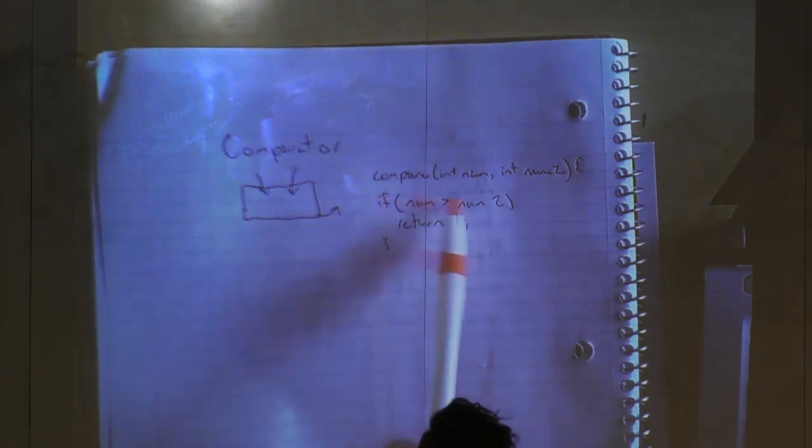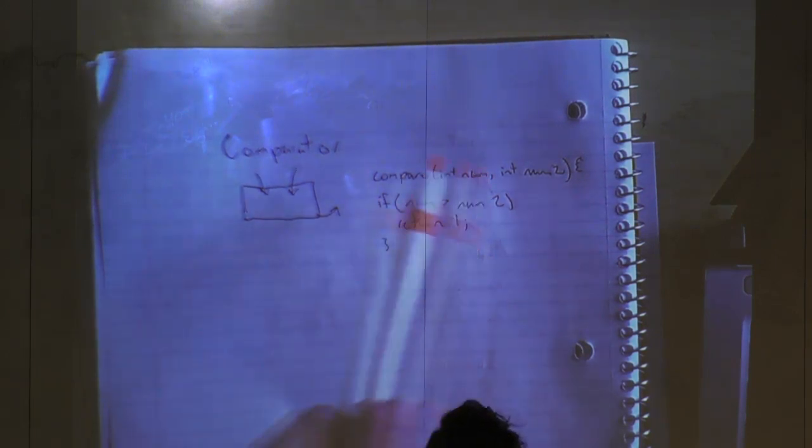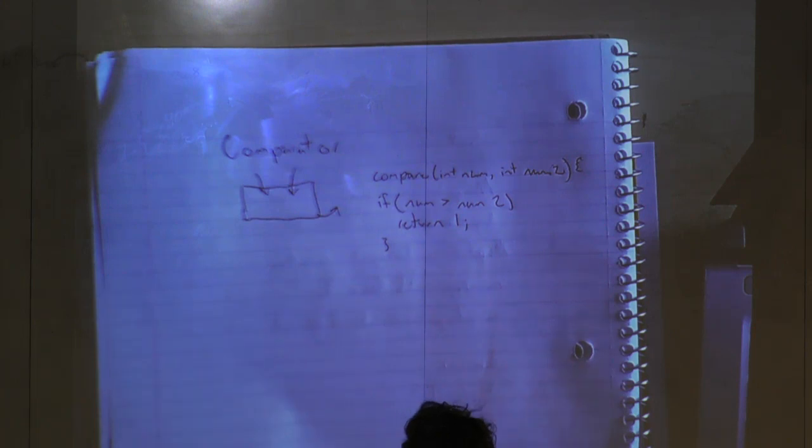So if they were equal, you could return 0, and if num was less than num2, you could return -1.